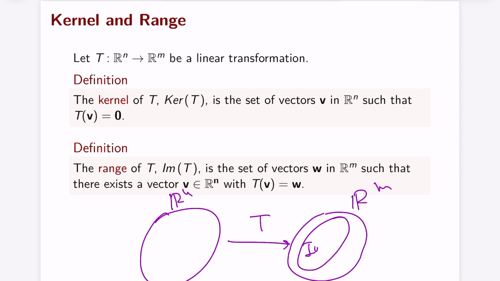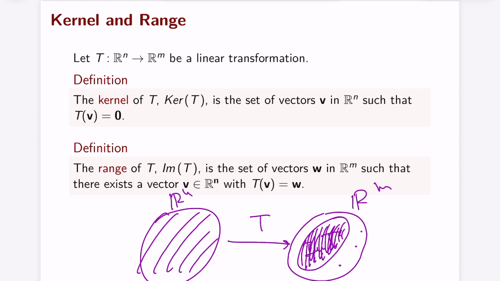So this is the image of T, image or range of T. The image of the transformation is the set of vectors in the codomain such that they come from some vector in the domain. The vectors that don't have anything in the domain that they are the image of are going to be outside of the image of the transformation.